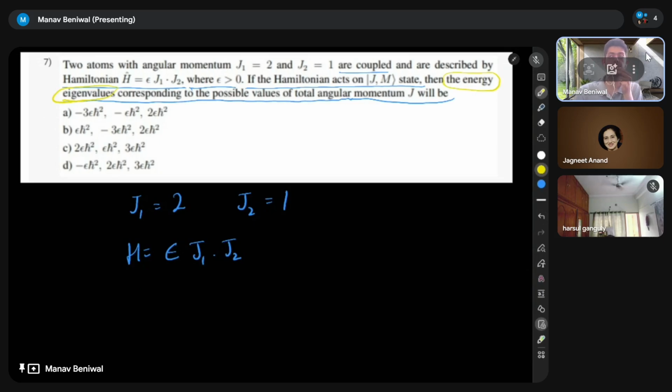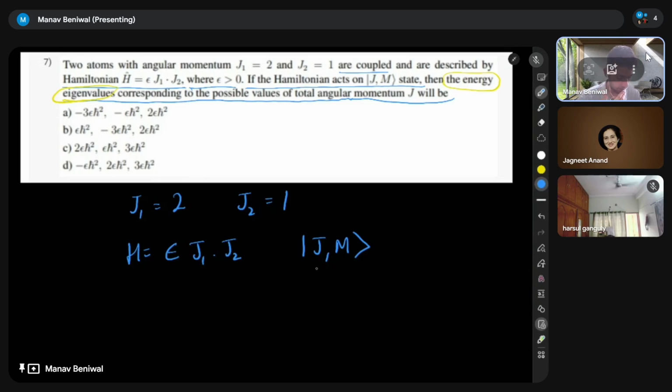What should be the first thing that we need to do? Okay, so first of all, we should recognize what this Hamiltonian is acting on. It is acting on this j comma m state.